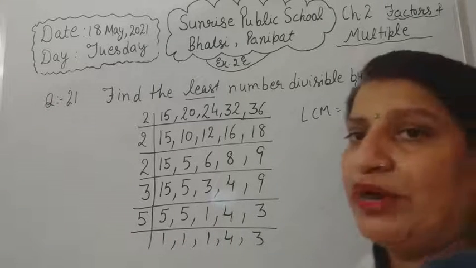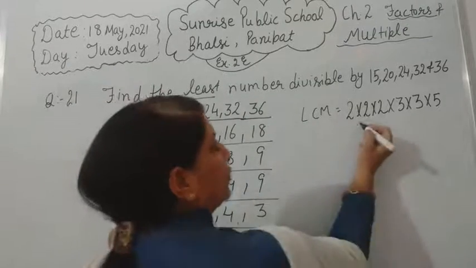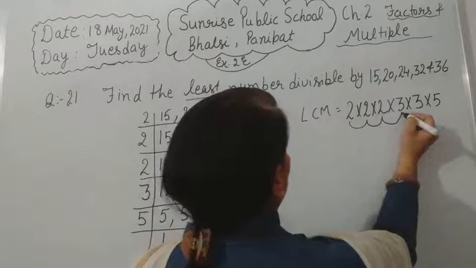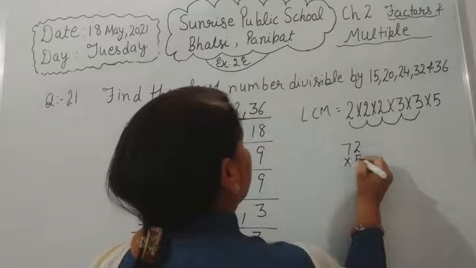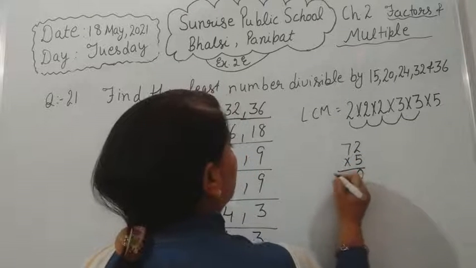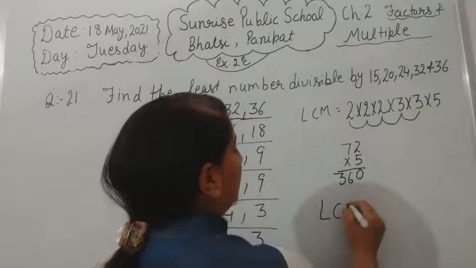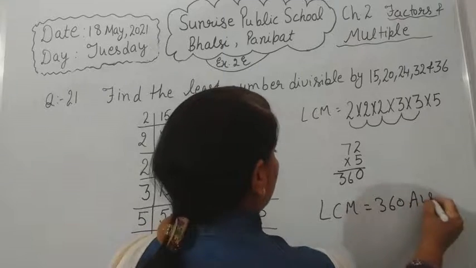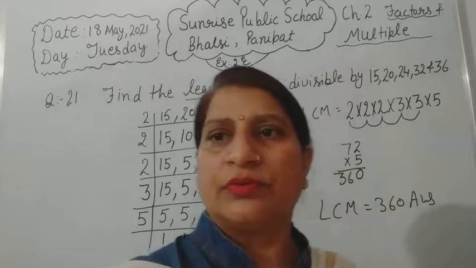Now we have to multiply all these numbers and after doing the multiplication we see that 2 2s are 4, 4 2s are 8, 8 3s are 24, 24 3s are 72 and 72 multiplied by 5 is equal to 360. So our LCM becomes 360 and this is our answer. Clear this one? Now we do the next question.